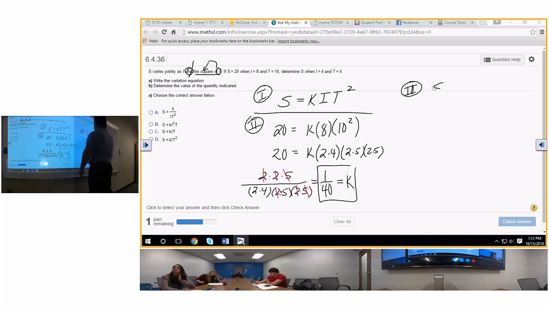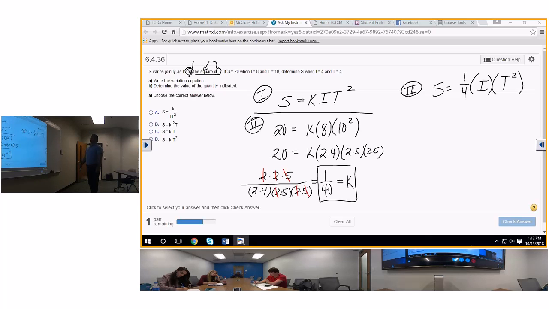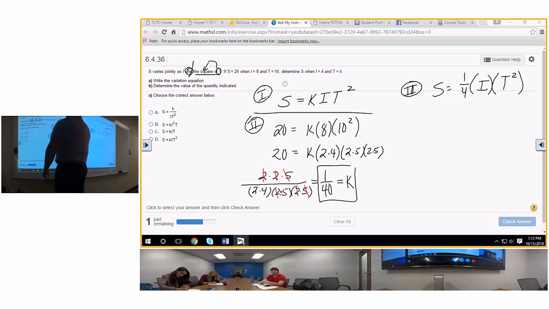Okay, so now I take part 3 and rewrite: S is equal to 1/40 times I times T squared. I'm just using the parentheses so I can plug in next. That's why I did that. I don't care about which one it is because we're going to do part 3, and this is part 3 right here.